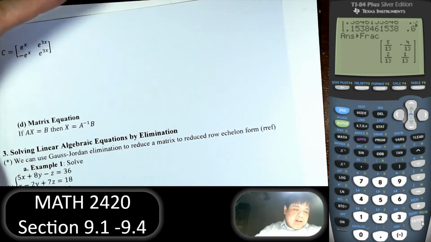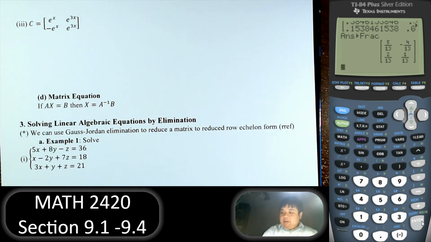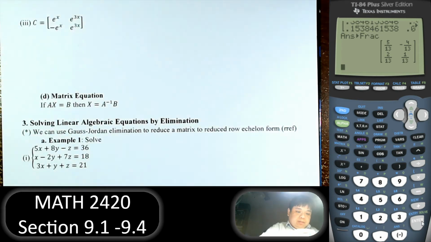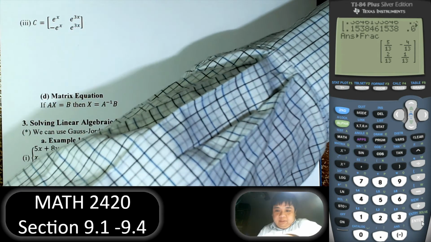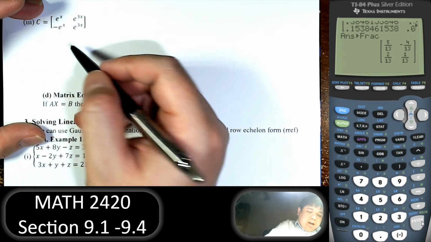Now, same thing. Let's find the inverse of this 2 by 2 matrix. We use the same formula: 1 over the determinant, and then change the signs of these two and change the places of the other two.